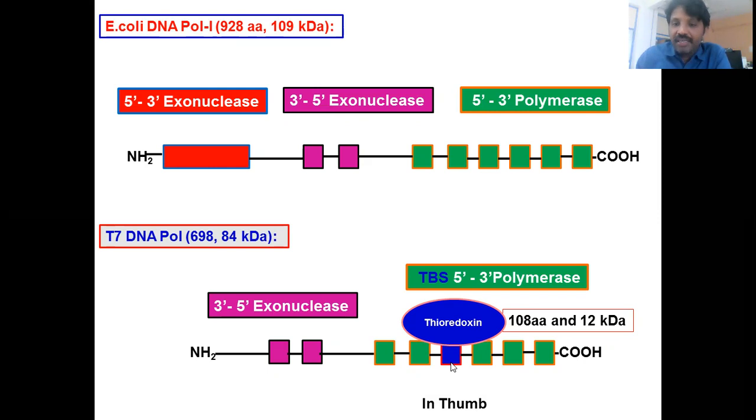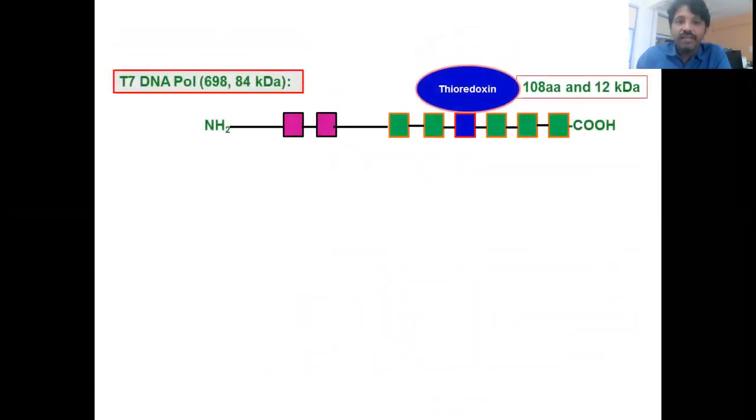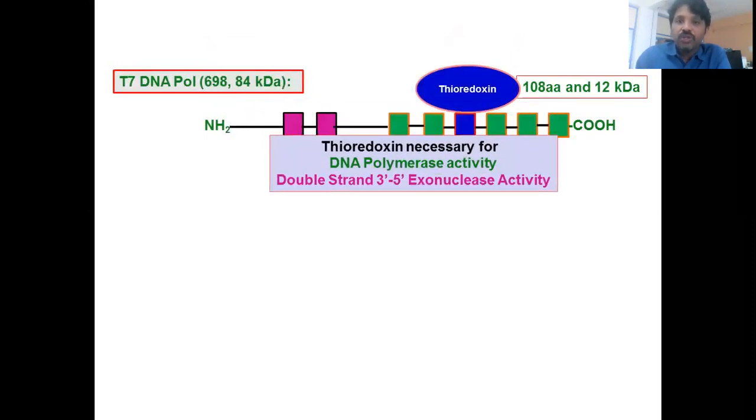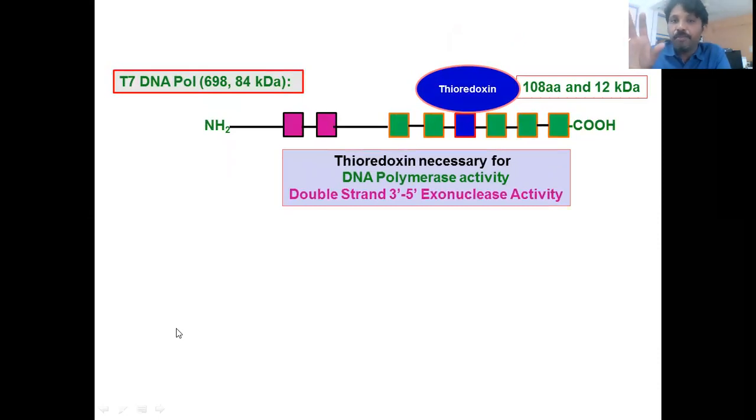Yeah, we'll see the same thing. And coming to thioredoxin and the DNA polymerase, which is a two subunit complex, it performs the following activities. The two subunit complex, that is T7 DNA polymerase and thioredoxin, is necessary for polymerase activity and double strand 3' to 5' exonuclease activity.